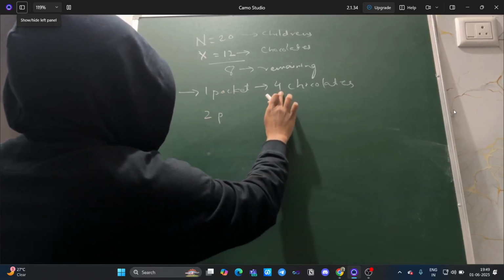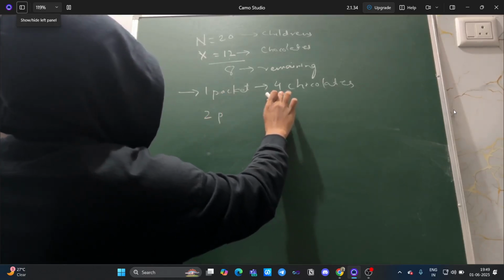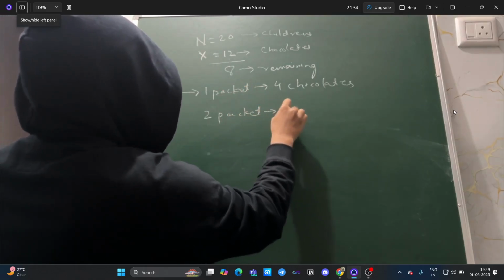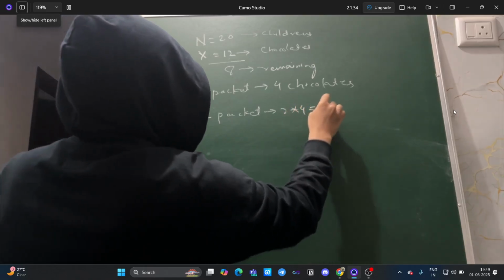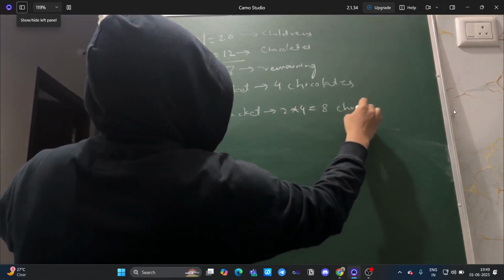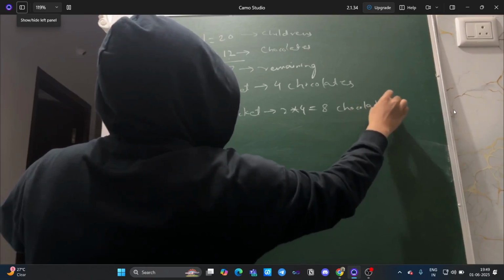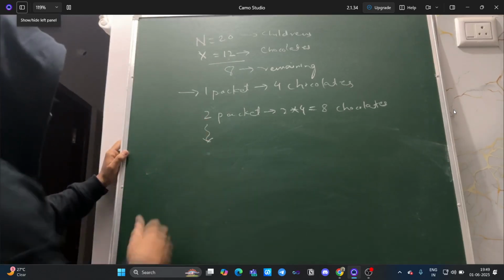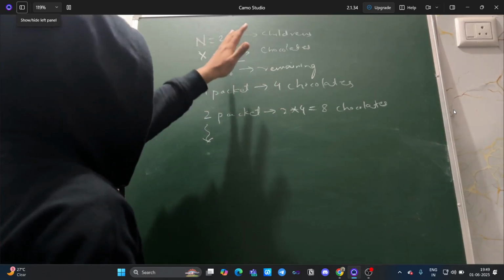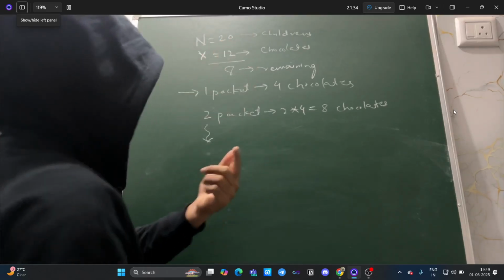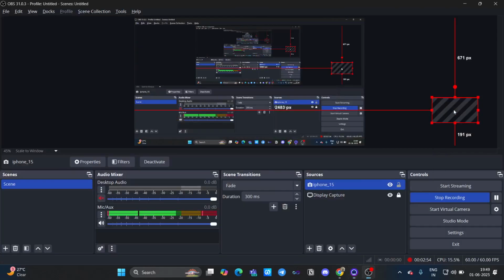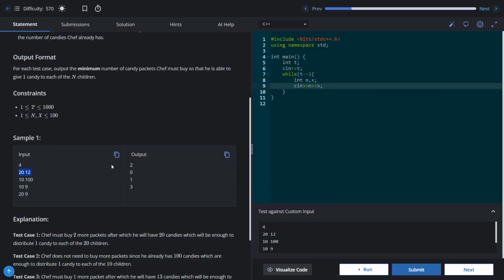In one packet we are getting 4 chocolates, so in 2 packets there will be 2 into 4, which is basically 8 chocolates. So he needs to buy 2 packets. So 2 is our answer, so that he can give all the 20 children a single piece of chocolate. For this case 2 is the answer.